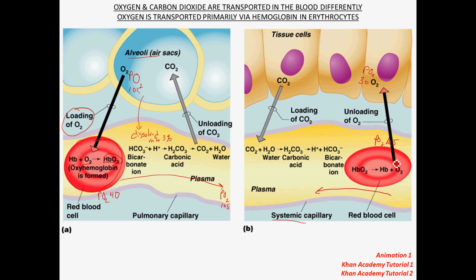And so what we have here is the unloading of oxygen, or the dissociation of O2 from hemoglobin. And so we get this reverse reaction where the oxyhemoglobin makes deoxyhemoglobin, and the oxygen is then able to diffuse down its partial pressure gradient into the tissues there. By the time the blood leaves here, the PO2 is about 40. And then we'll return back to the pulmonary capillaries to pick that up.